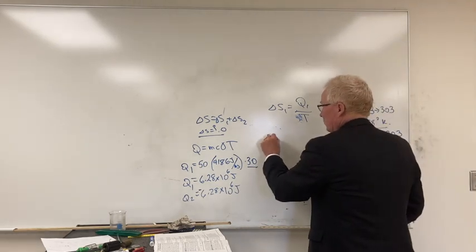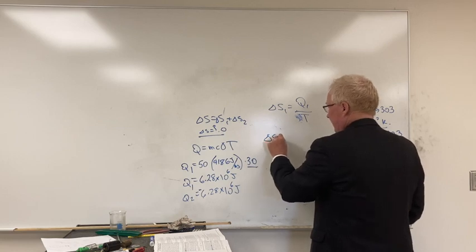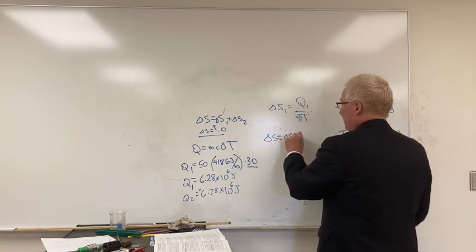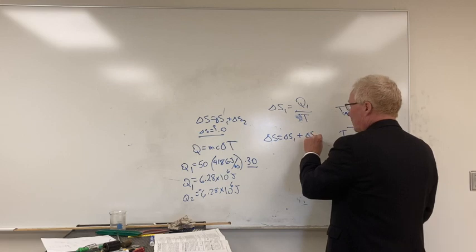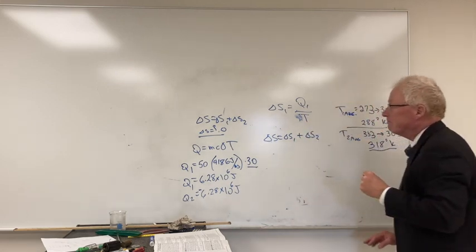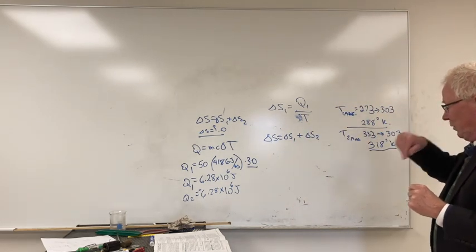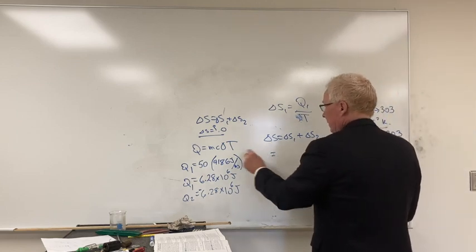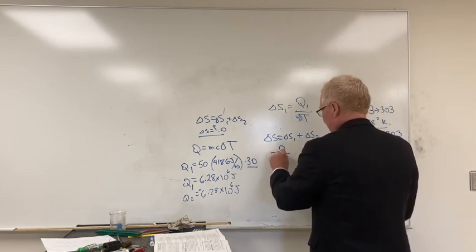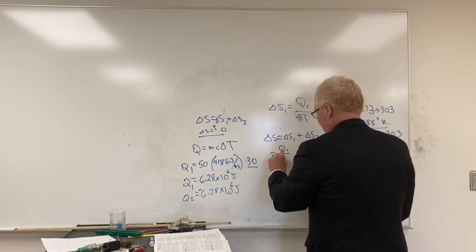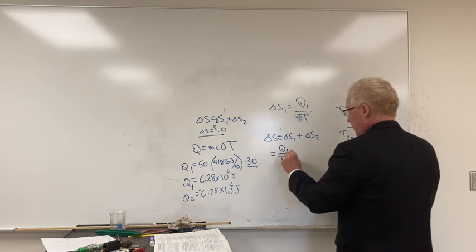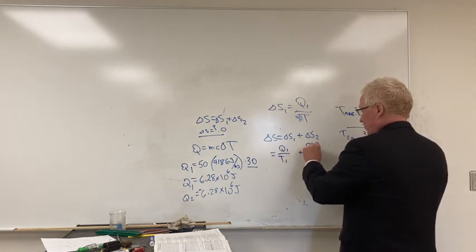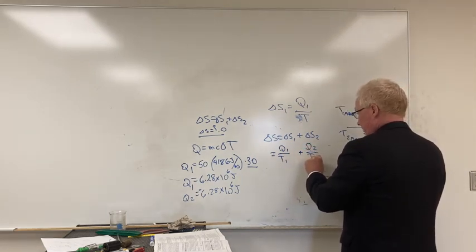So delta S will be delta S1 plus delta S2. All right. So delta S1 is the cold one getting warmer. So that will be Q1 over T1 average, plus Q2 over T2 average.